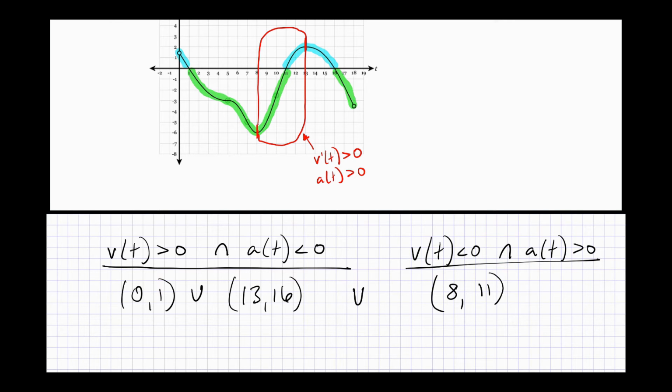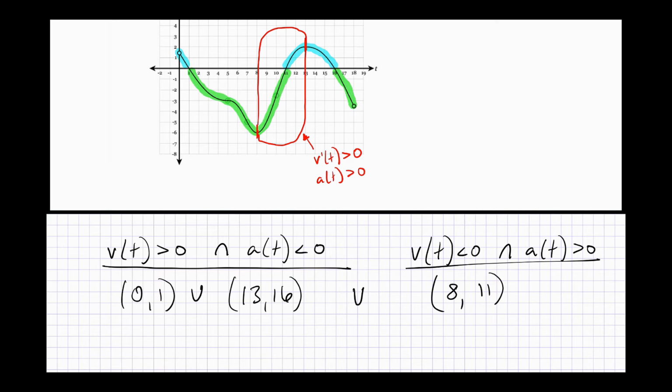Mine has more verbiage, more words, more symbols. I like that one better because you're just saying the signs are different. If the signs are different, you're going to have speed decreasing.